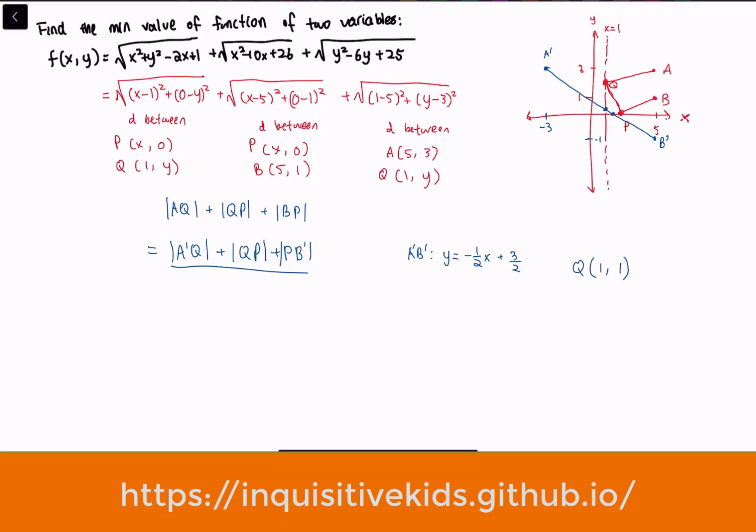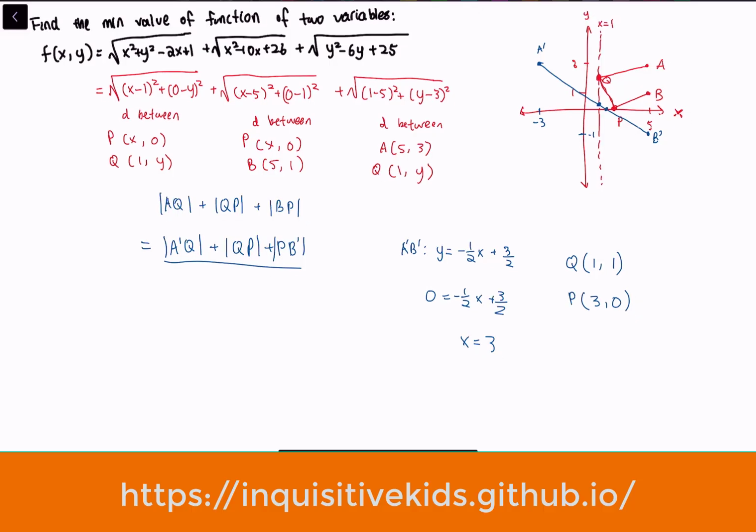Where does this intersect the x-axis? We see that x must equal 3, which means that P has coordinates of (3, 0). And going back to our original function, in place of x, we have 3. So x equals 3 now. And in place of y, we have a 1. So y equals 1. So now we have the values that will make our function at its minimum.